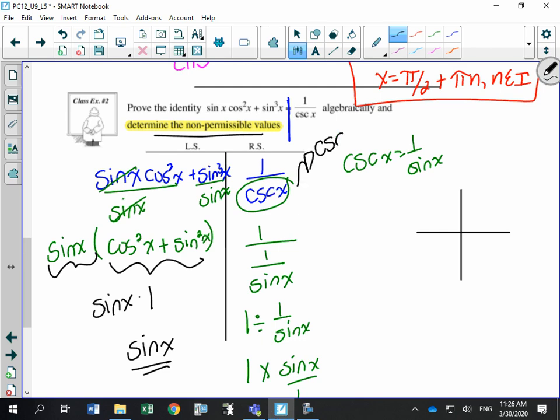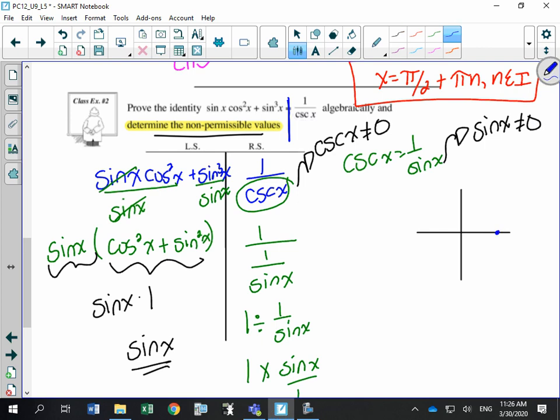So we know that the cosecant of x is equal to 1 over the sine of x. So essentially now, the sine of x could not be equal to 0, right? I can't have 0 here. And cosecant is the same thing as 1 over sine, so I can't have divide by 0 over here. So my restriction is that the sine of x cannot be equal to 0.